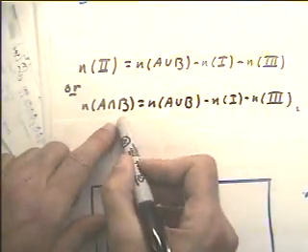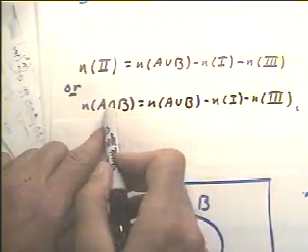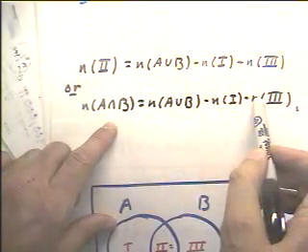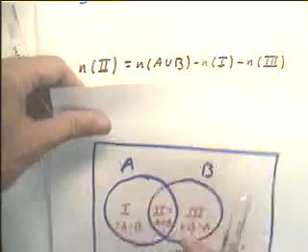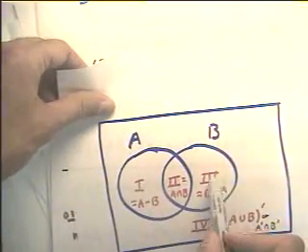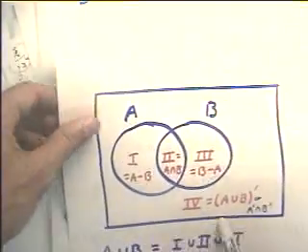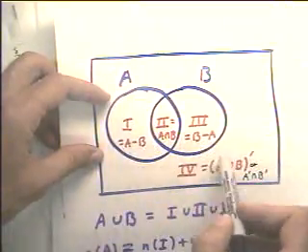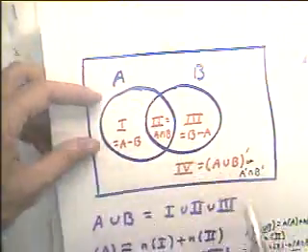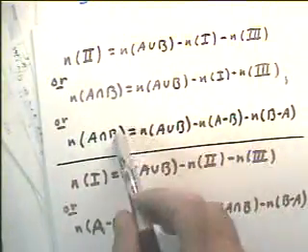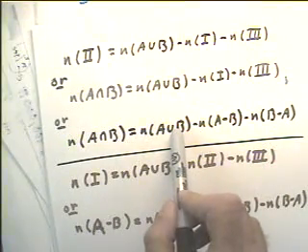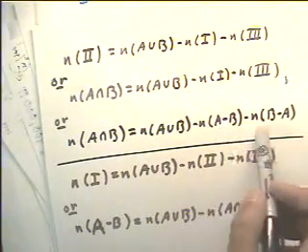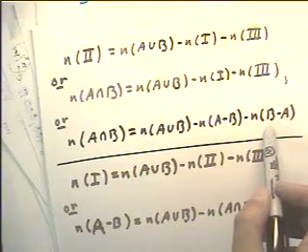Now region 2 is just A intersection B, so the number in A intersection B equals this. Now what's region 1? We see that region 1 is A minus B, region 3 is B minus A. So we can just take the common sense of what adds up to what from this picture, and we can write that the number in A intersection B is the number in A union B minus the number in A minus B minus the number in B minus A.